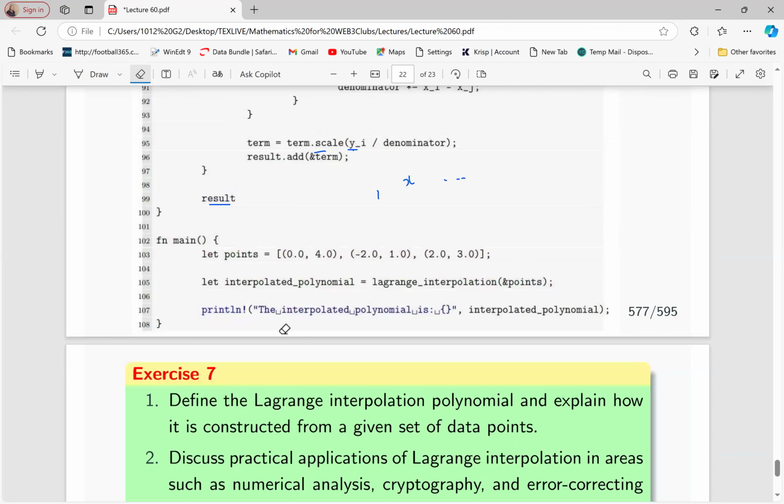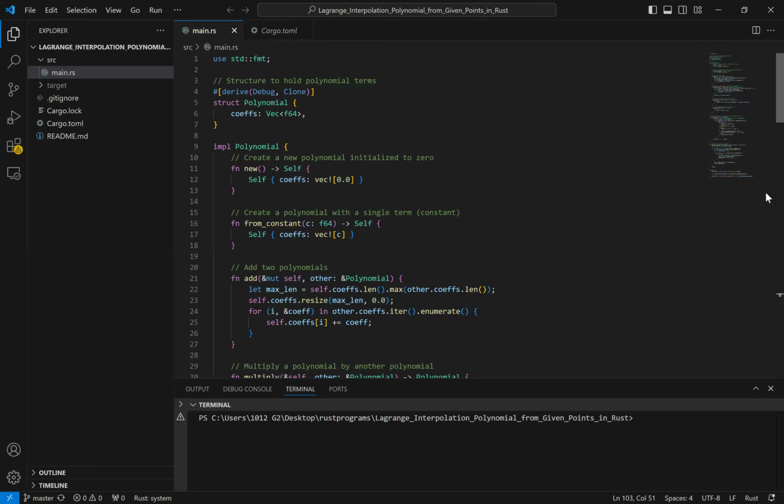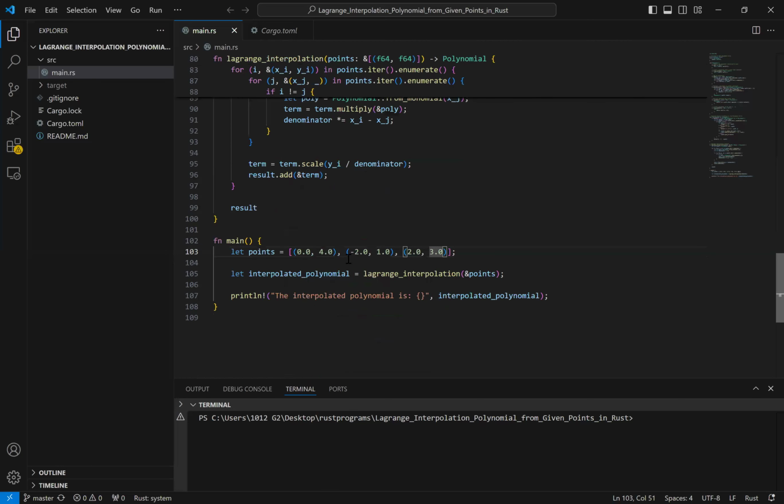So I can now share the code, a polynomial. Now the main function is here. I've given it the points. Look at what it prints. It prints the polynomial that passes through those points.